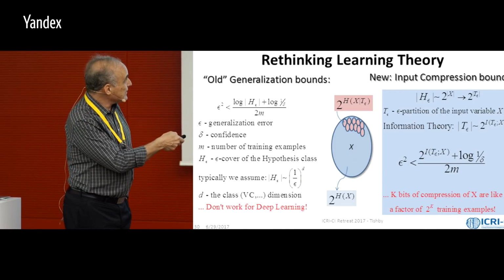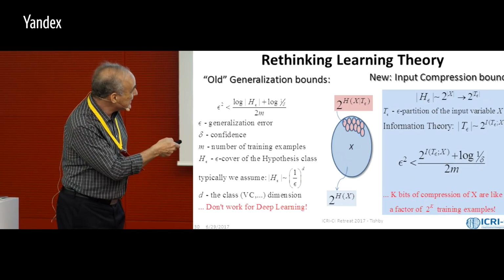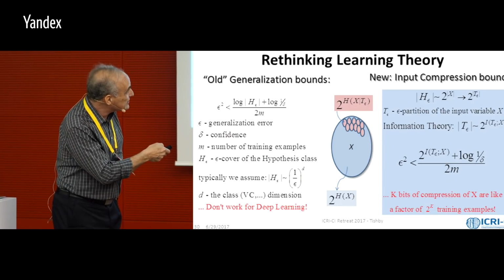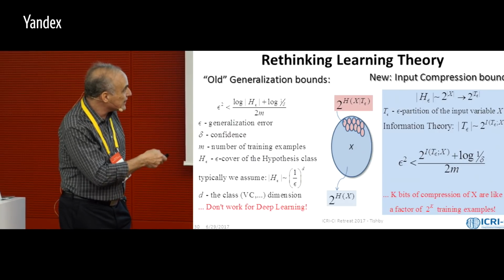So plugging this in gives a double exponent. H moves from 2 to the T, which is 2 to the 2 to the I. You plug it here in the log, and you still get an exponent.